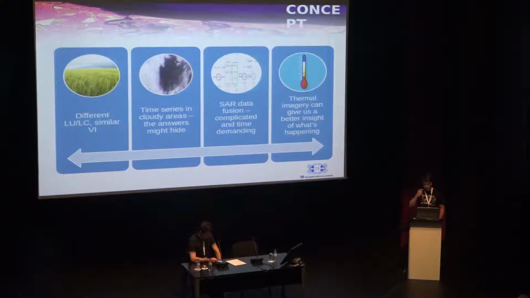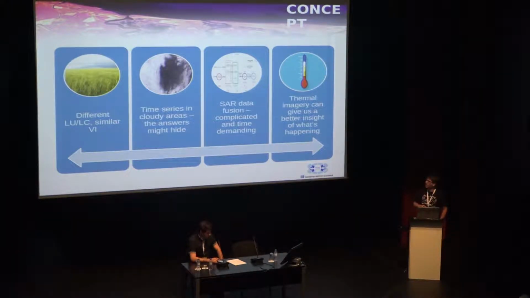So time series can lead to these answers without so many problems, but they also are prone to hide those answers if you use only optical data, because when there is a cloud process that happens, if it happens in a period of, for example, spring, which has a lot of clouds, we can easily have our results hidden.